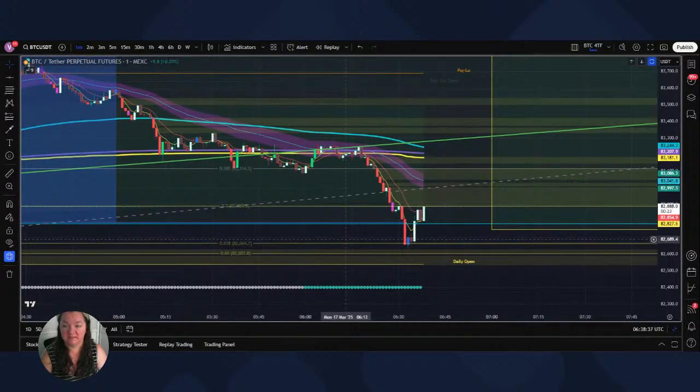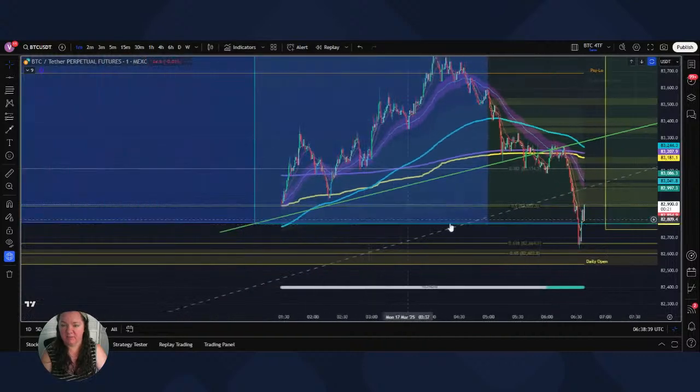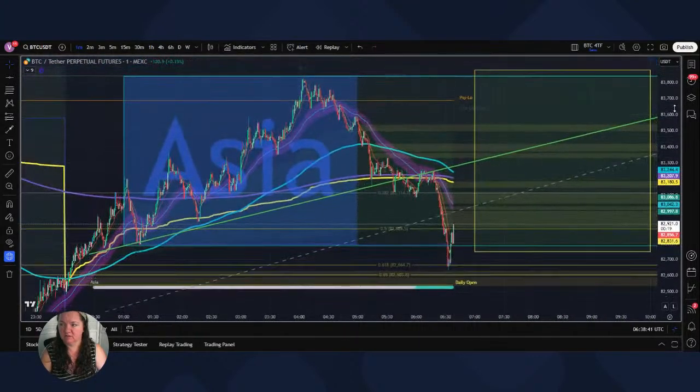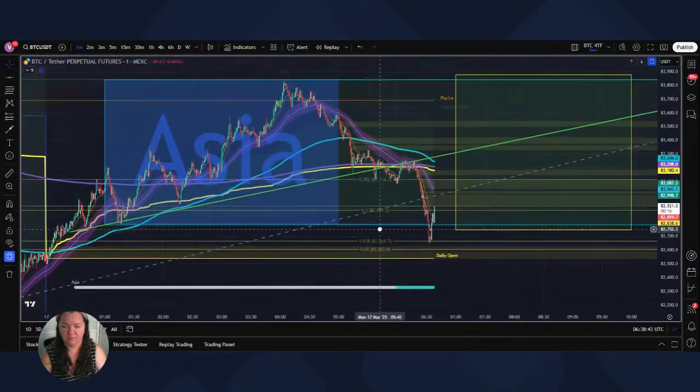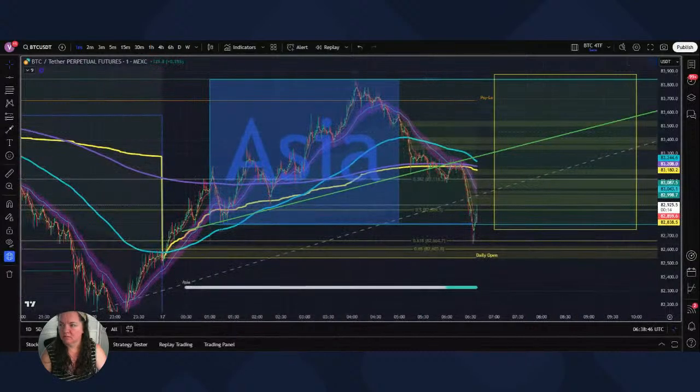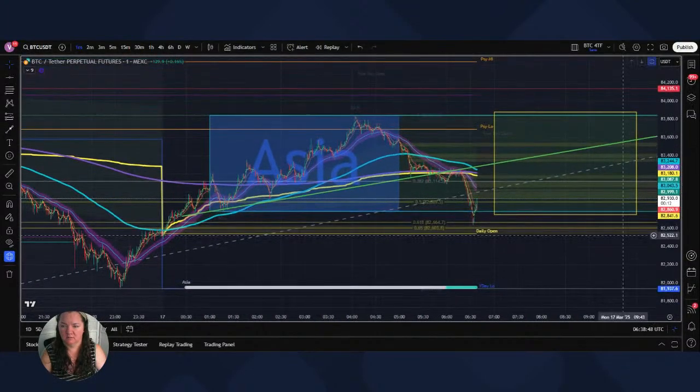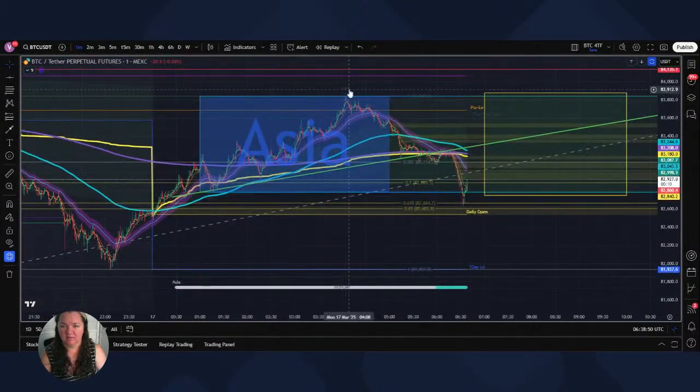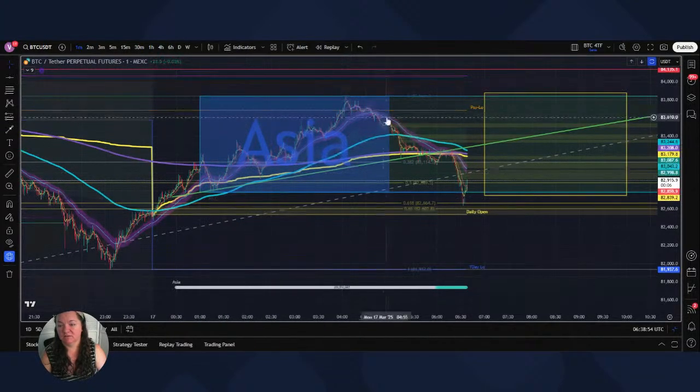So we've got the confluences again, Asia low sweep. There's our Asia low. So this is our morning range. Took the fib, golden pocket.